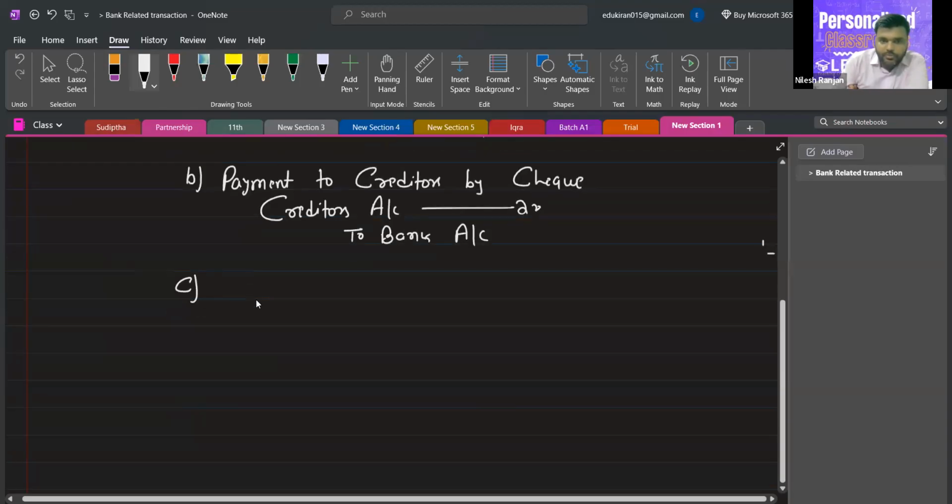And the third is payment of expenses by check.